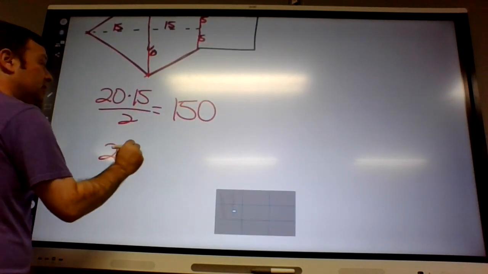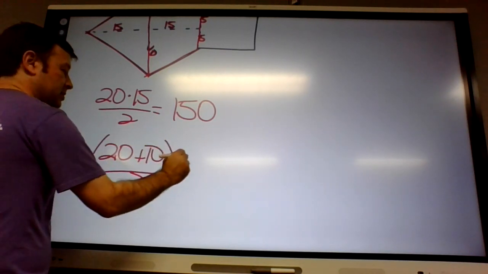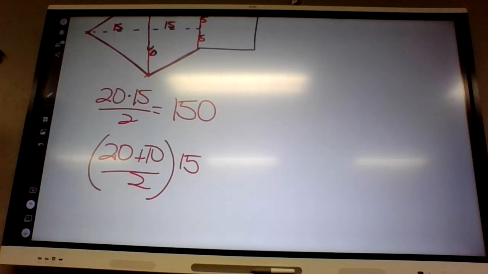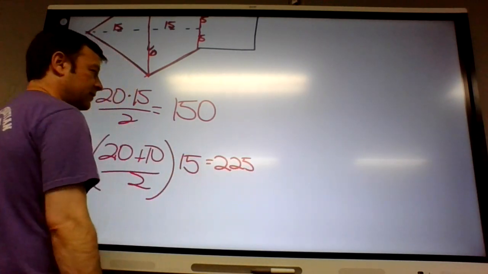So 20 plus 10 divided by 2 times the height of 15. I believe that comes out as a big number, 225.